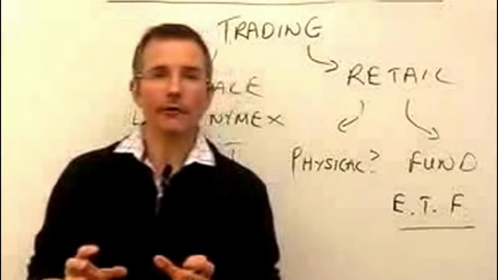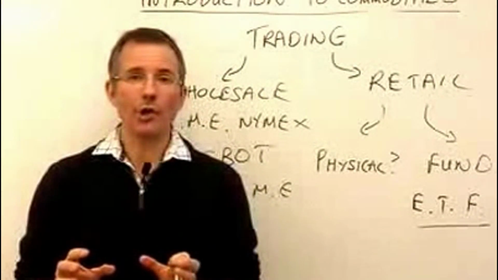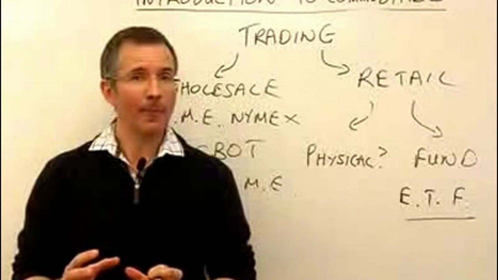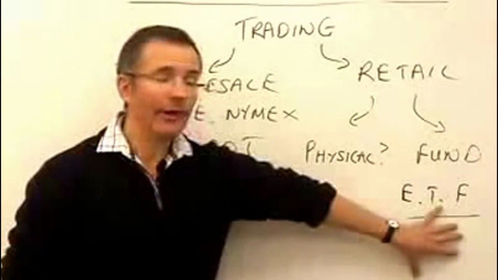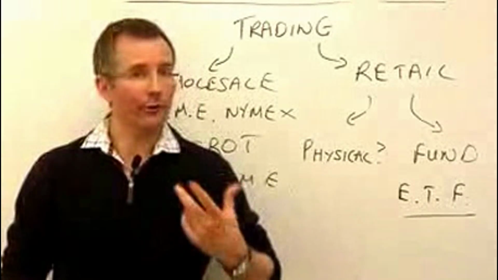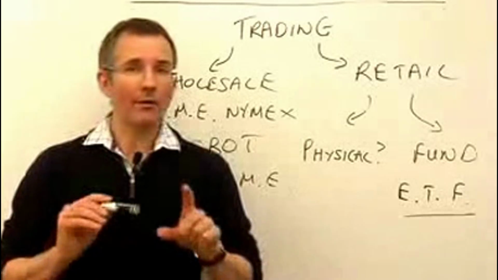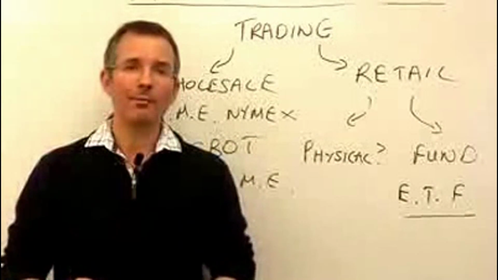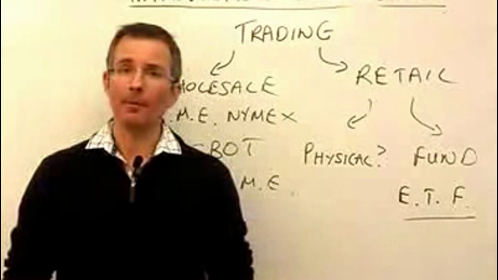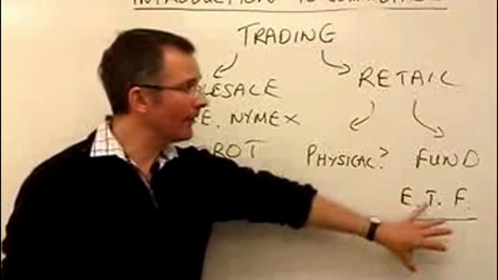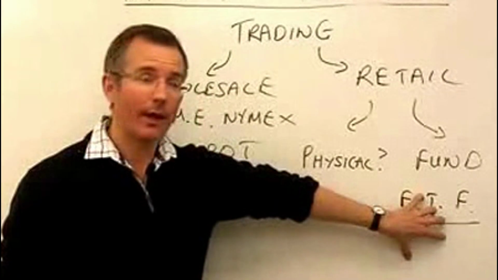These are simply shares listed on exchange that track the price of a commodity or a group of commodities. So, for example, you can get an ETF that tracks the gold price or the silver price or individual soft commodities or even baskets of them. And these tend to be fairly simple and fairly cheap. So, for a retail investor, the most likely route is the exchange-traded fund route, let's say.